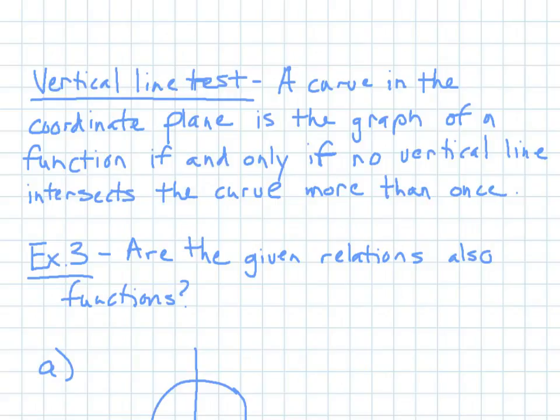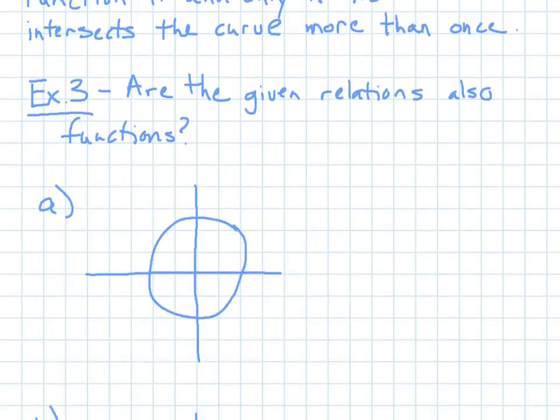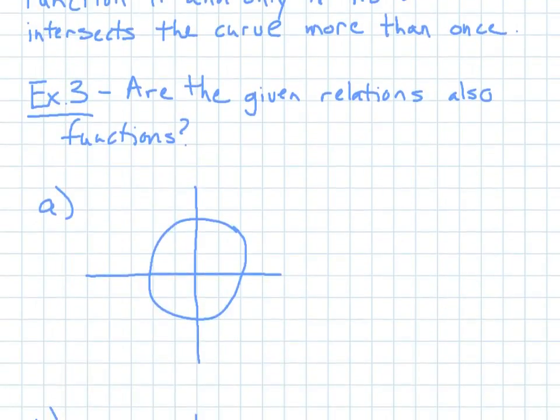So that means if I draw a vertical line through any of my relations, and I cross my relation more than once, then that means it's not a function. If I can only cross my function or relation once, at any given spot, then it's a function.